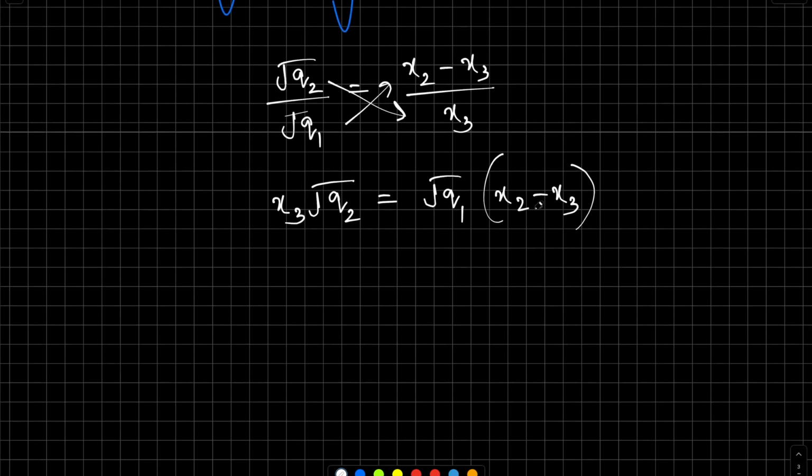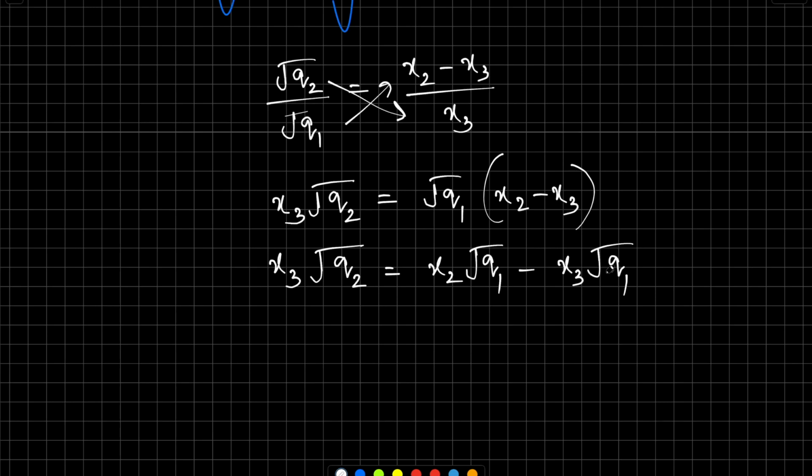Again, we have an x3 here on the right side. We should take it to the left side, but before that we should open the bracket. So x3 root Q2 equals x2 root Q1 minus x3 root Q1.